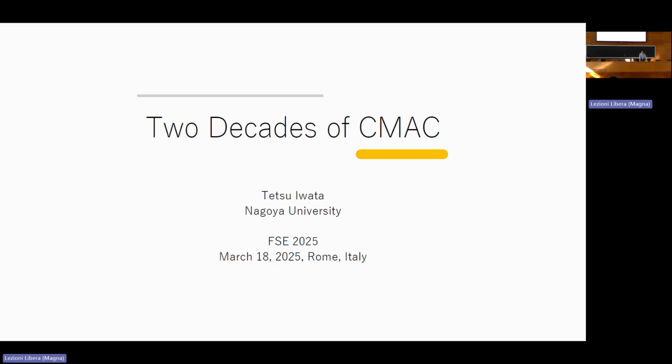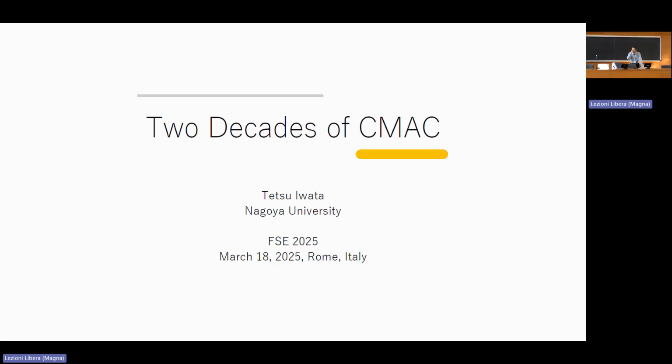The first talk session is an invited talk by Tetsu Iwata, and it's my great pleasure to introduce Tetsu to you. Tetsu Iwata got his PhD at the Tokyo Institute of Technology in 2002, and now he's a professor at Nagoya University.